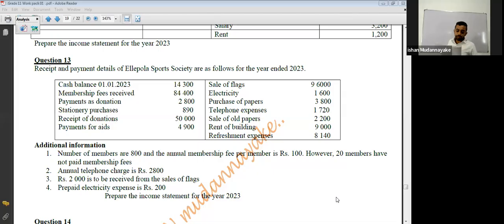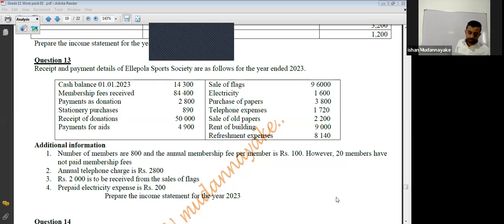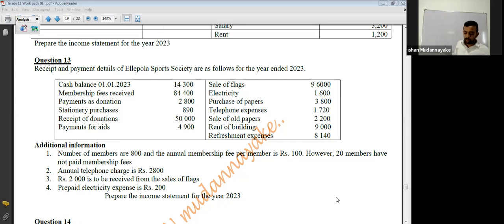Look at the question here, question number 13. Receipt and payment details of Allepola Sports Society are as follows, for the year ended 2023.